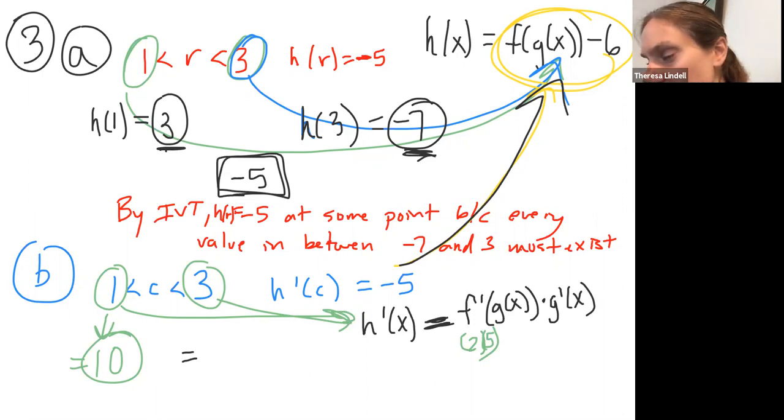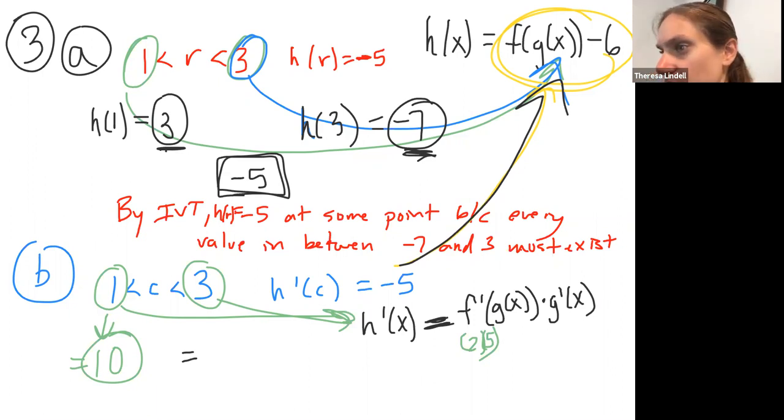Let me double check that one more time, just in case. So when you plug in 3, g of 3 is 4, f prime of 4 is 3, and g prime of 3 is 2. I get 6, but that actually still doesn't help us. Did I do something wrong? f prime of 3 is -4.